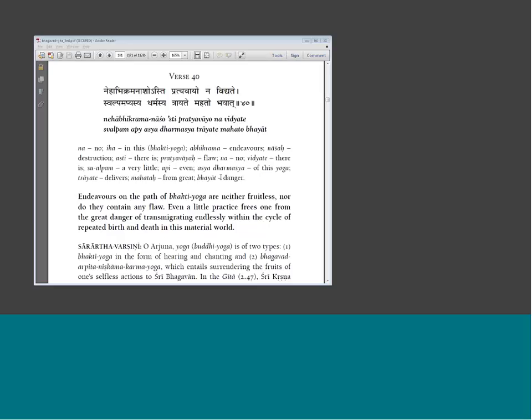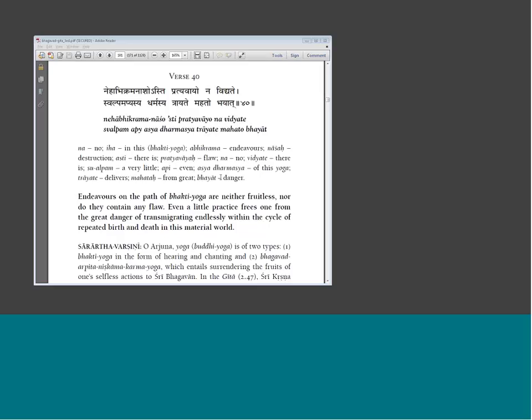Endeavors on the path of bhakti are neither fruitless nor do they contain any flaw. Even a little practice frees one from the great danger of transmigrating endlessly within the cycle of repeated birth and death in this material world.